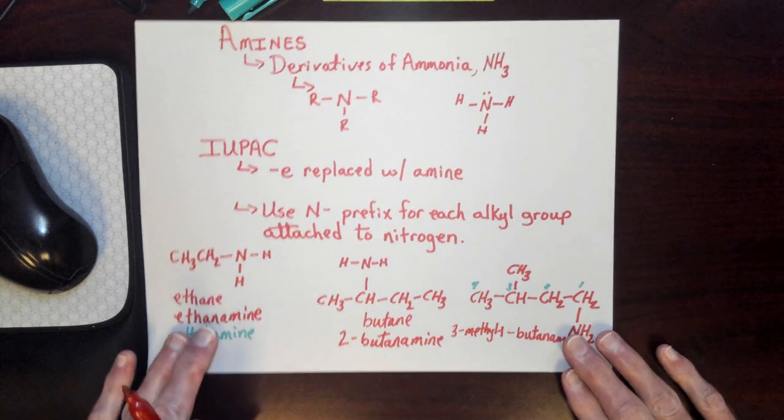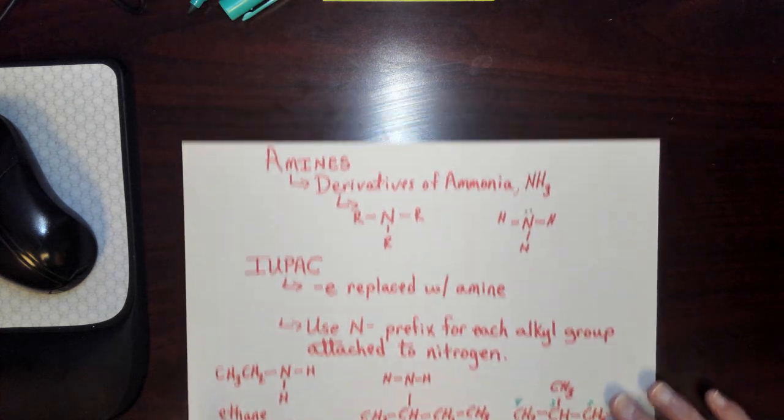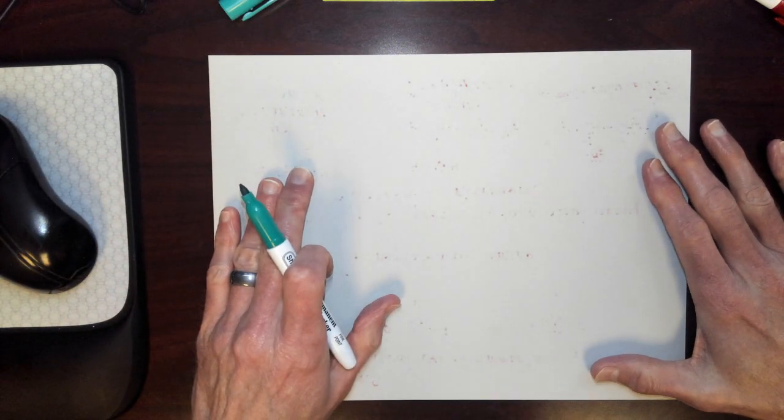Alright, now let's do some where we have this N prefix for each alkyl group that is directly attached to the nitrogen. Okay, directly attached to the nitrogen. So let me draw a structure here.